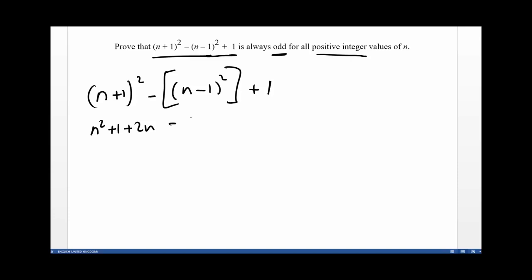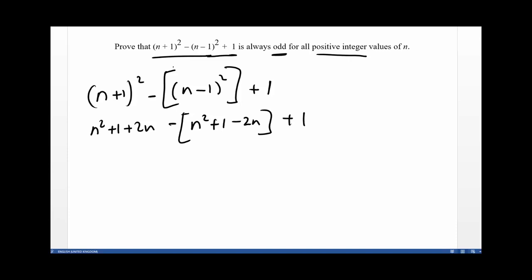Minus, and inside this bracket here we've got n². Then minus 1 squared is going to be plus 1. Okay, we should know this now. And then n times minus 1 is minus n, minus n times 2 is minus 2n. Close that, then put plus 1 on the end.